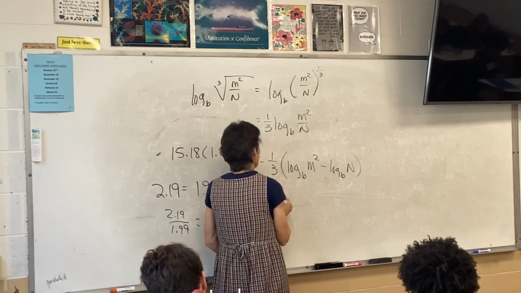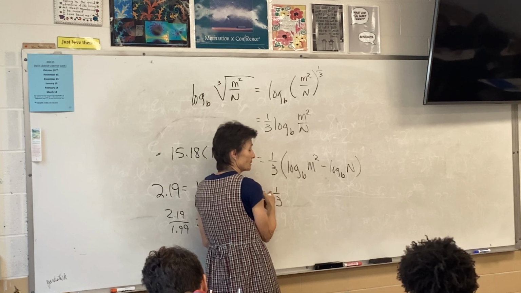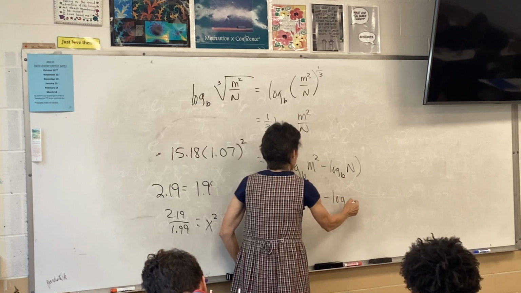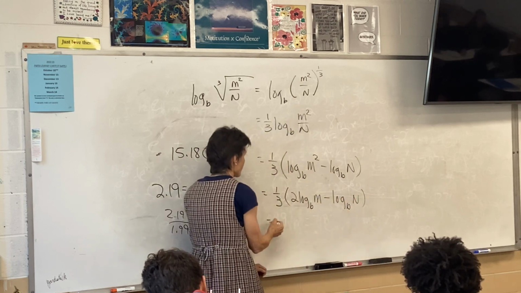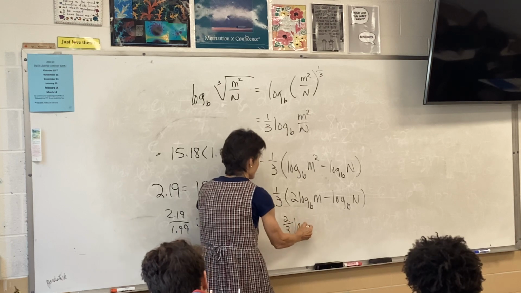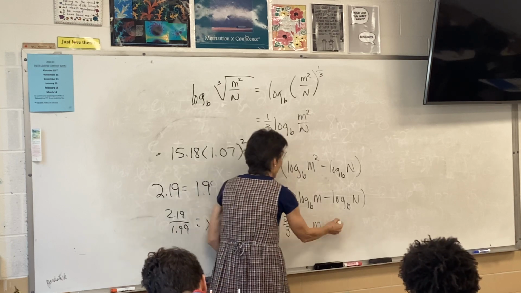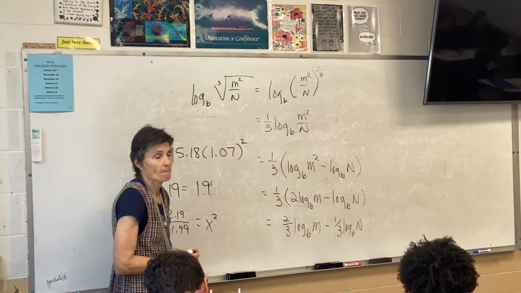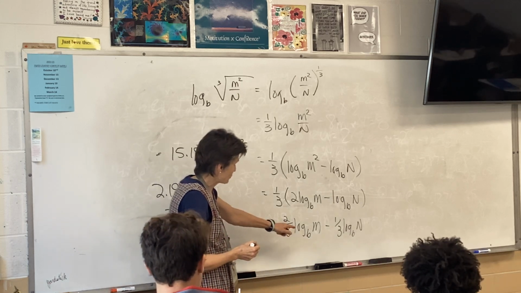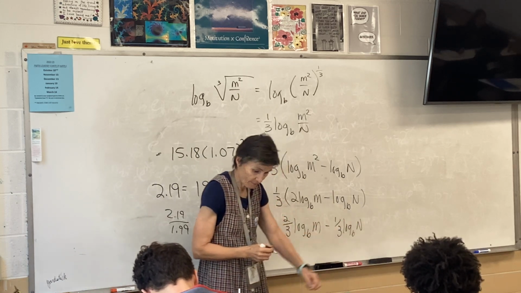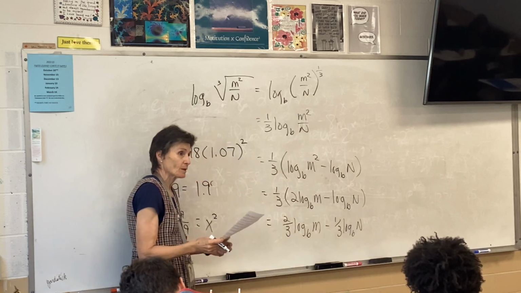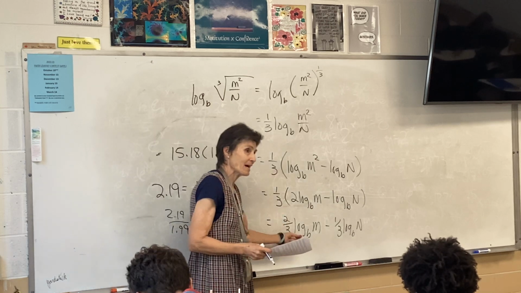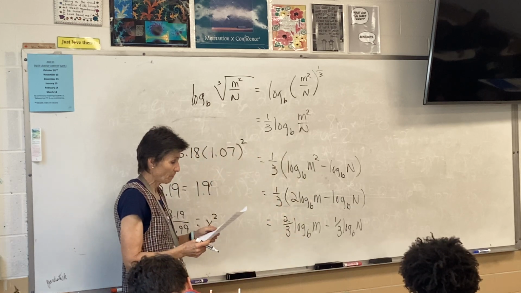It comes out in front of, don't bring it out here, just in front of the log m. Then, if you want to distribute, you can. So you'd have 2/3 log m minus 1/3 log n, right? You could do that if you wanted to. And now the problem is written in terms of the log of m and the log of n, which is what the directions said. Okay, Maren, remember that? Those are your properties along with this. So you can put things together the same way you can take them apart. Here I took them apart.